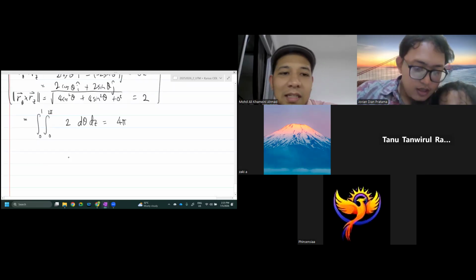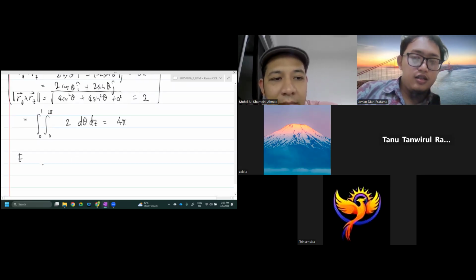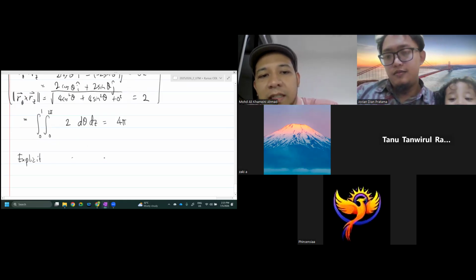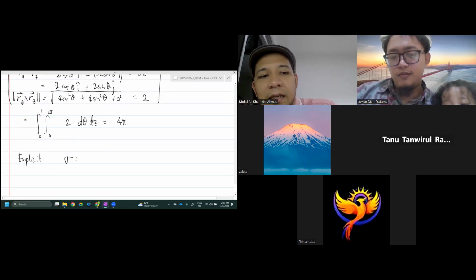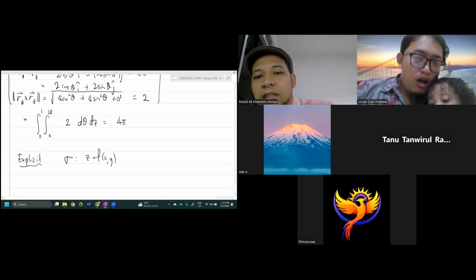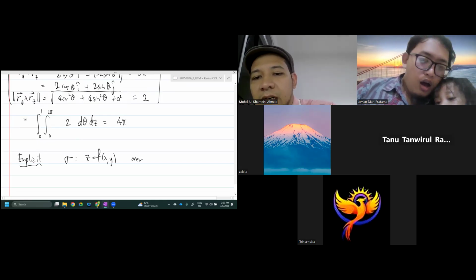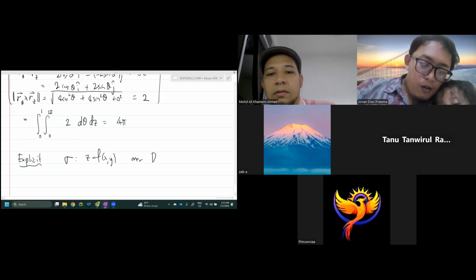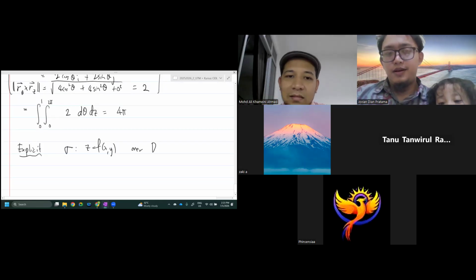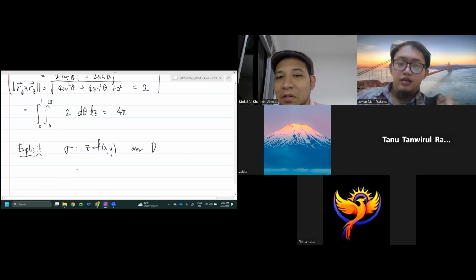So you see that if you have the explicit form of the surface there, Σ is given by z equals f(x,y) over some region R, or D then. I used D earlier, right? It's also a special case of the parametric form of Σ here.